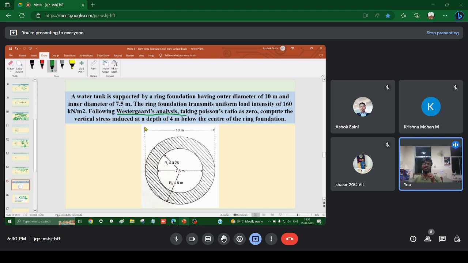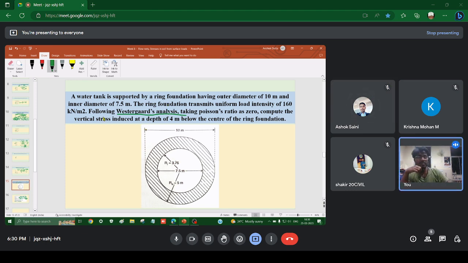Cos cube theta is the analysis by Boussinesq. I am talking about Westergaard analysis. Is it clear? Okay, sir.